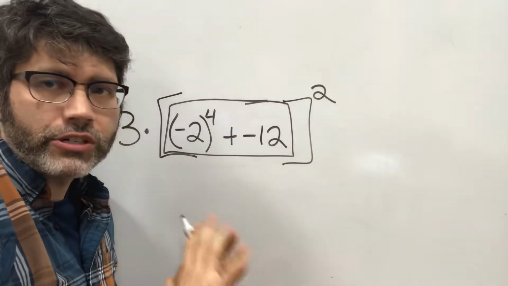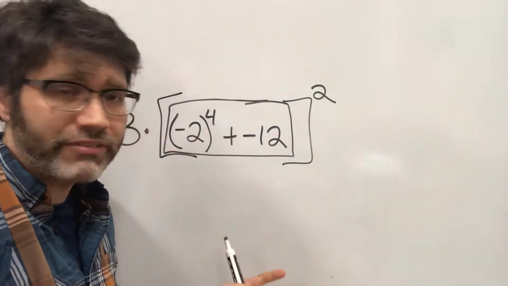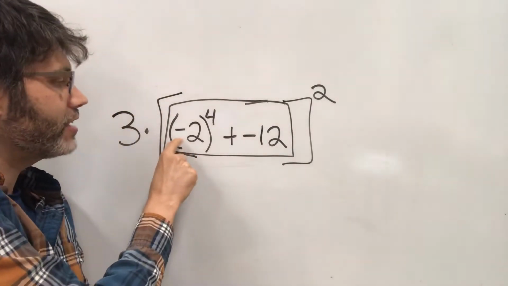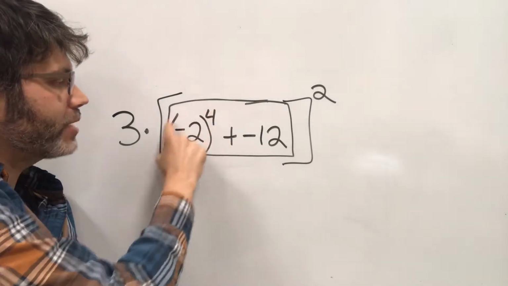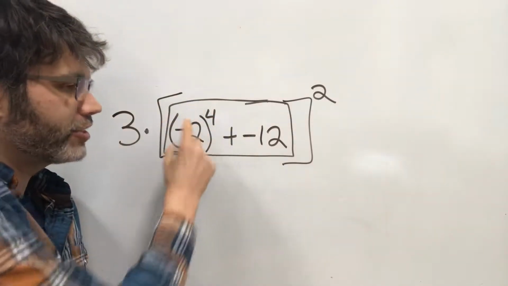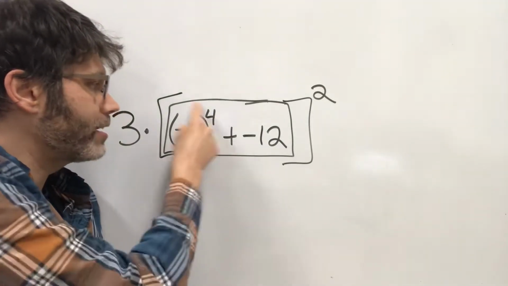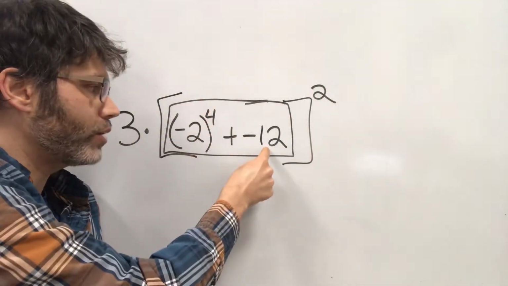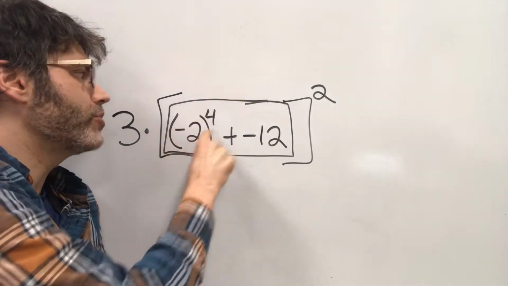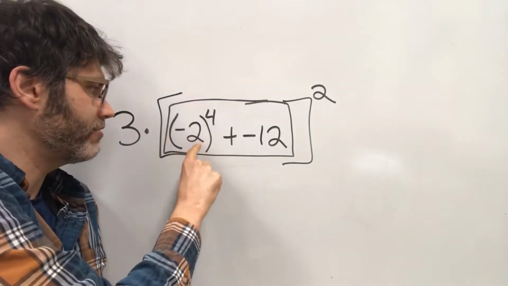They need to be integers that are already simplified. But do you see that this is negative 2 to the 4th? This right here needs to be simplified first so we can boil it down to a particular integer so that we can then add whatever this value is to negative 12. So that's why we need to do this first once we're inside.